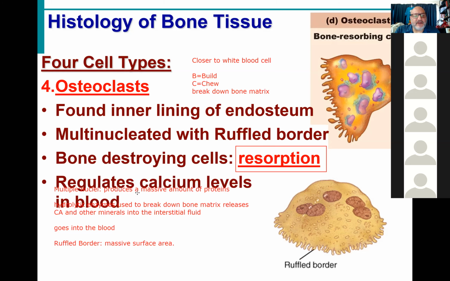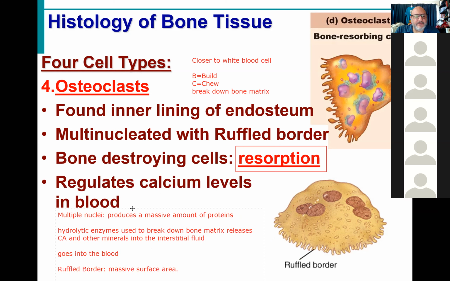This is important because it helps us to regulate calcium levels in our blood. And as we talked about, calcium makes cells do wonky things. It is vitally important that we keep very tight restraints on how much calcium is in our blood so that our body and its cells can function properly.